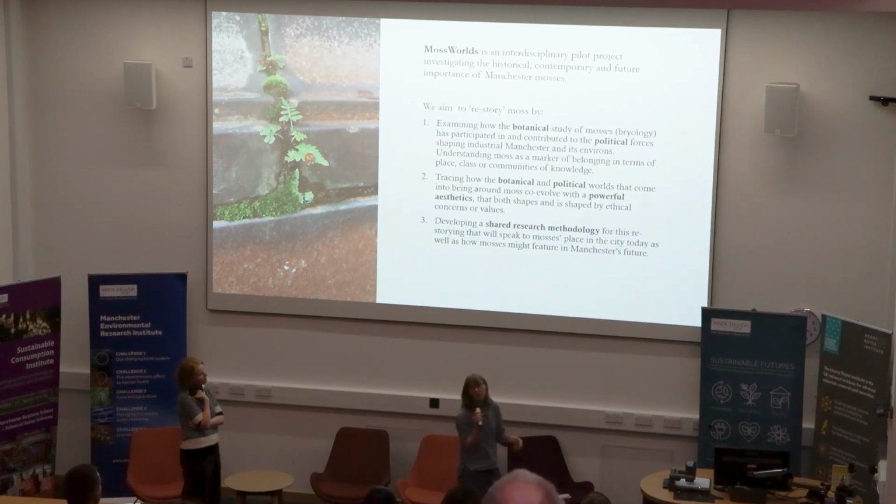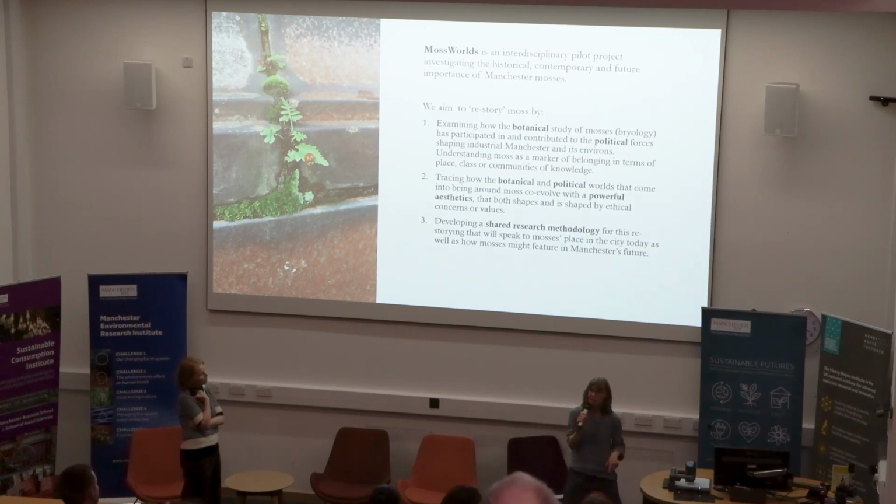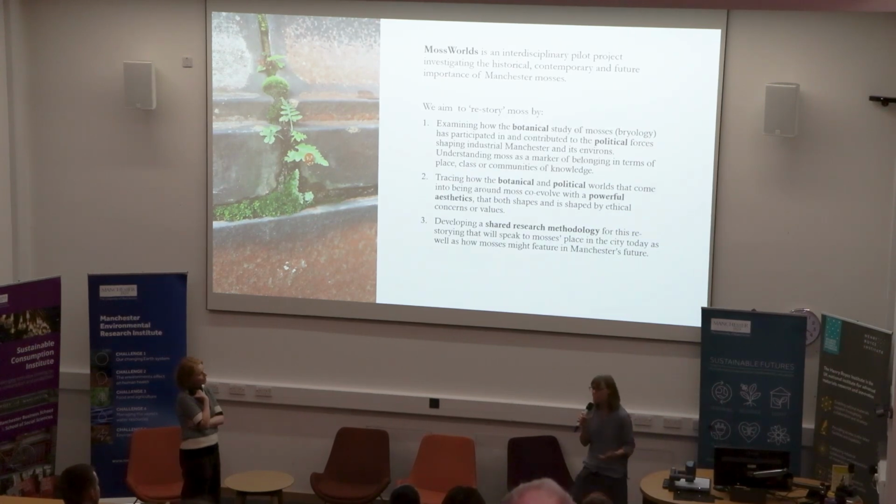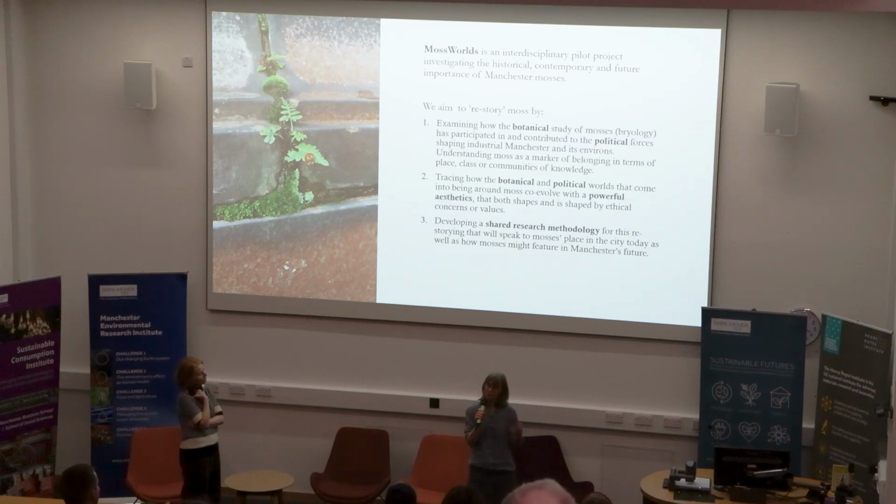There's 1,000 species of mosses in Britain, and people are very rarely aware of those. So we're thinking about how developing our understanding of that in all sorts of different ways might have potential to change the ways in which people respond to the power and the importance of moss in biodiversity and all sorts of other ways.